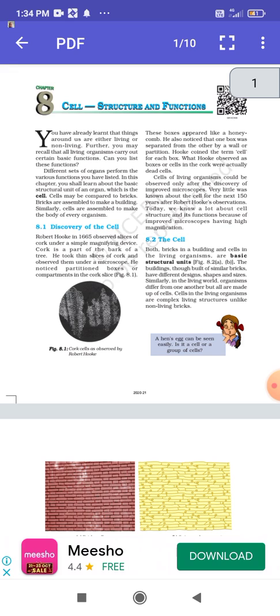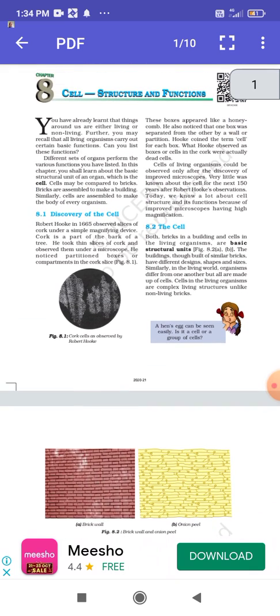Now these partition boxes or compartments look like a honeycomb-like structure. Honeycomb-like structure means जो मधुमक्खी का छत्ता होता है वैसा. Now Hooke coined the term cell for each box. Actually, he noticed the dead cells in the cork.